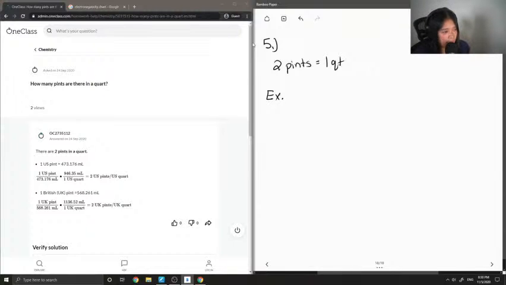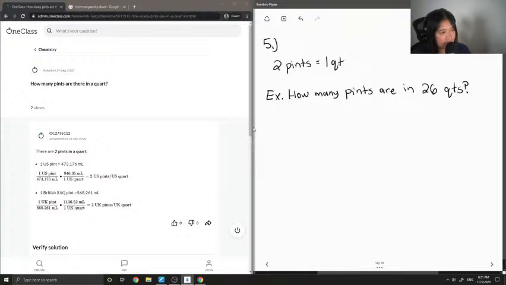Okay, so I'll just ask how many pints are in, let's say, 26 quarts.